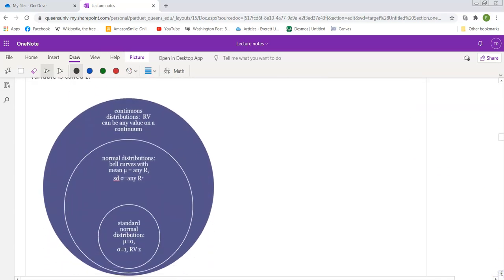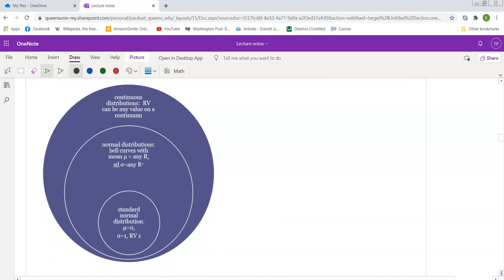Now, in case this is getting a little confusing, I wanted to break this down for you a little bit. Overall, we've got continuous distributions, as opposed to the discrete ones that we were looking at before. There are tons of continuous distributions. Normal distributions are some of those.